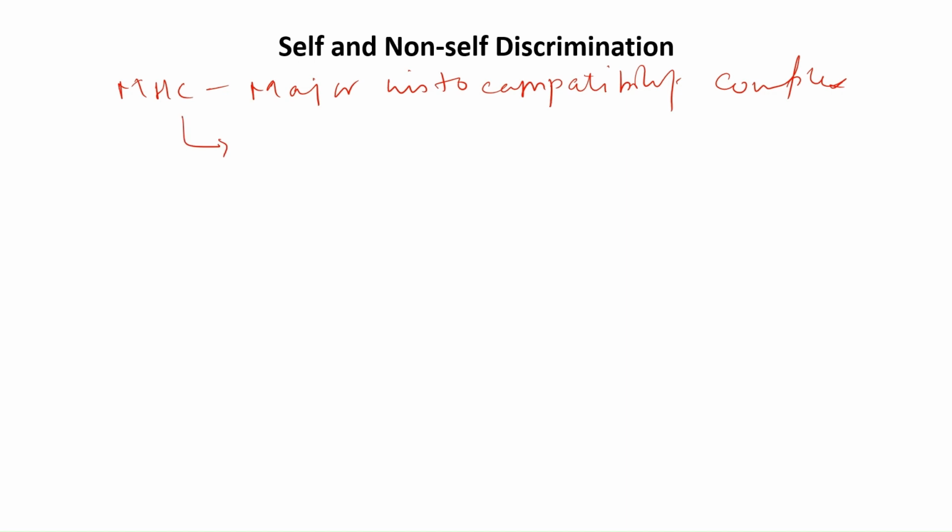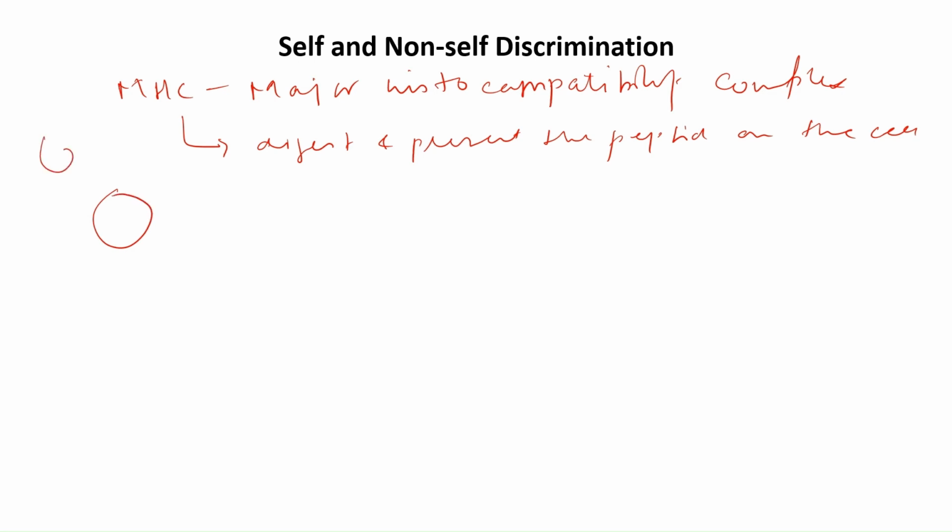Now, self and non-self discrimination. The self and non-self discrimination is done by MHC, that is the major histocompatibility complex. What they do is digest and present the peptide on the cell. So suppose this is an MHC.